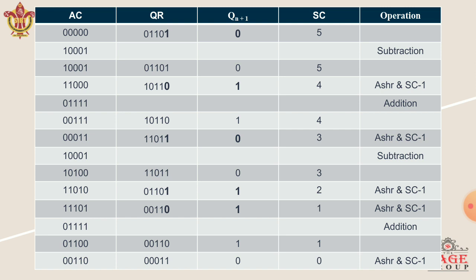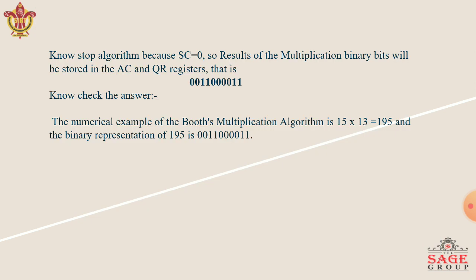Now SC is equal to 0, which means stop the algorithm, and we get our answer in AC and QR. So the result of the multiplication, the binary bits stored in the AC and QR registers, is 0011000011.